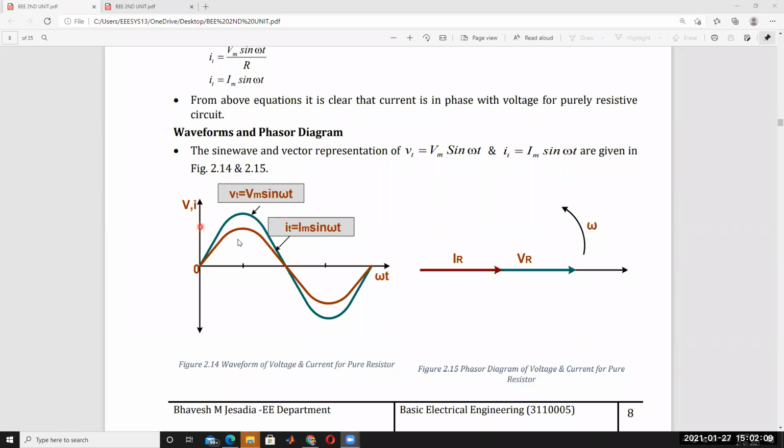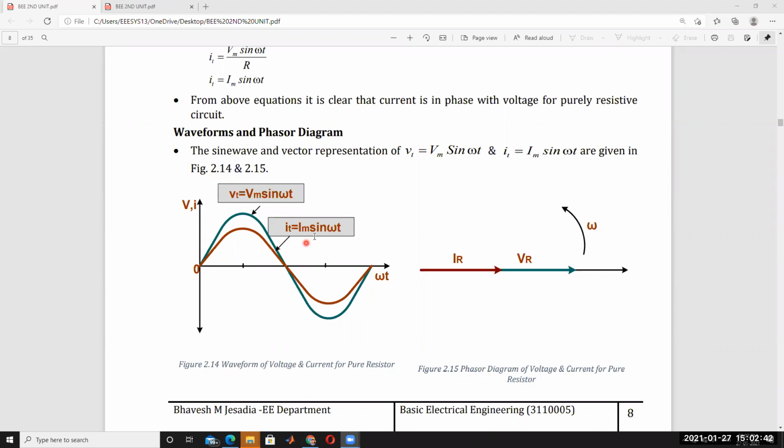The voltage starts from 0, and the magnitude of the current is less compared to voltage. Generally, for example, 230 volts maximum for single phase, but current is just 5 amps or 10 amps only. That's why we indicate the magnitude of the voltage waveform larger.